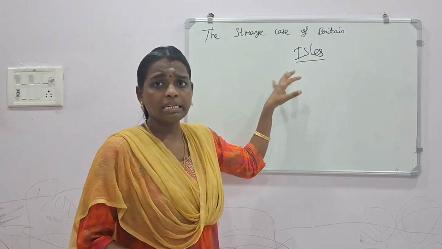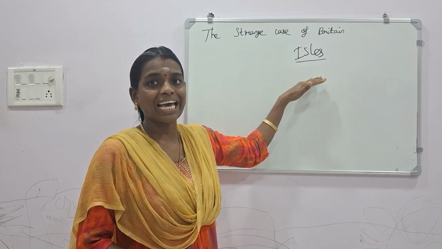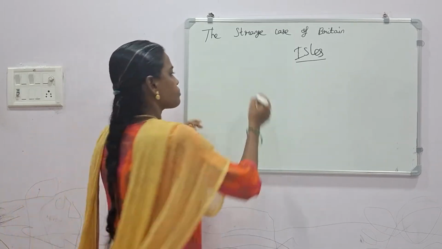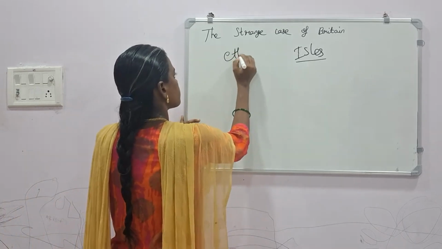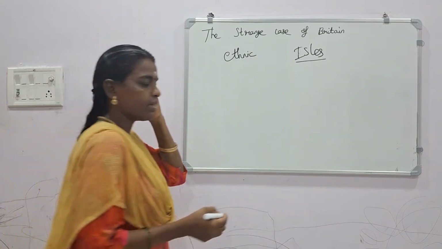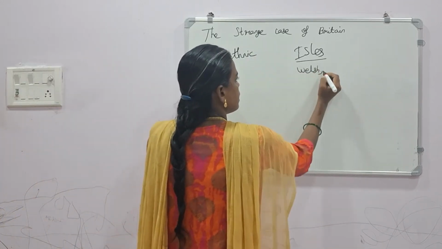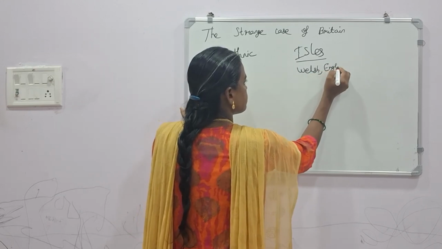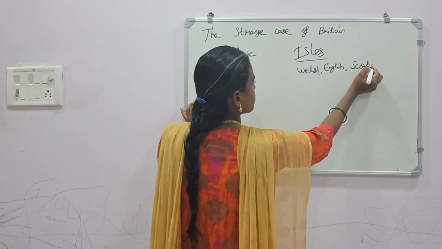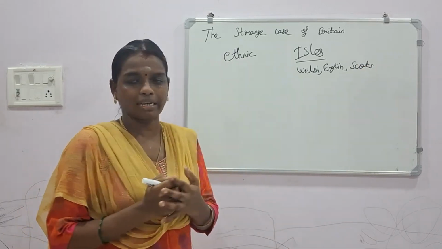So the people who resided in the British Isles followed the same ethnicity, like Welsh, like English, like Scots. These were the people of that country.